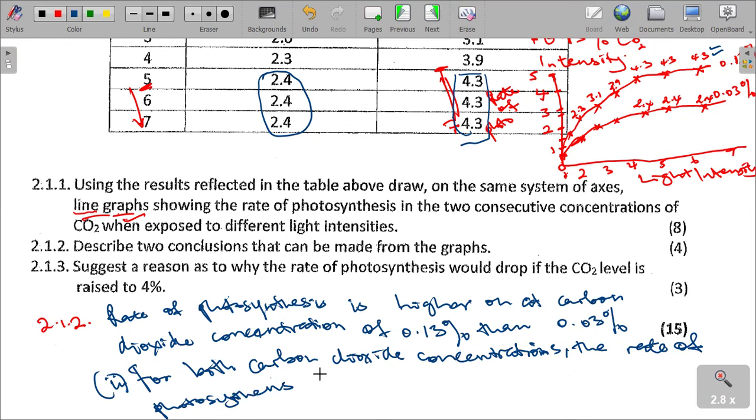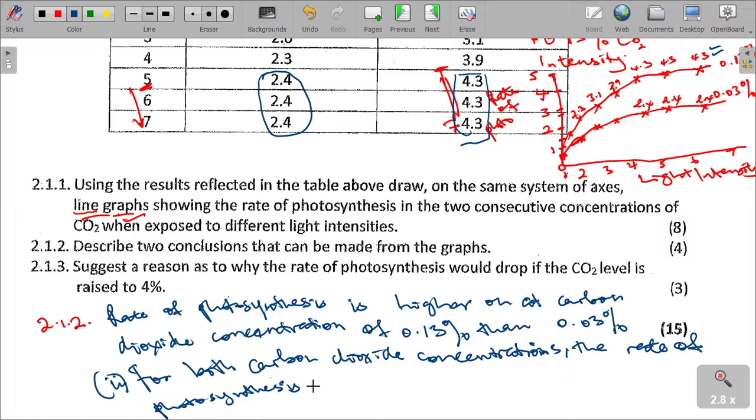What happened with it? It increases up to the light intensity of 5, and thereafter it became constant.